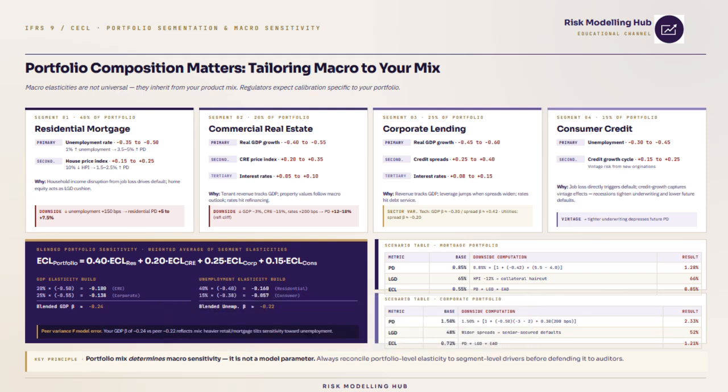So you blend, and the GDP elasticity becomes a weighted average and not the corporate elasticity alone. So that's your portfolio level blended ECL, where you have encompassed all the different segments. So portfolio mix determines the macro sensitivity. It's not a model parameter, it's an architecture choice. Always reconcile portfolio level elasticity to segment level drivers before defending it to your auditors, right?